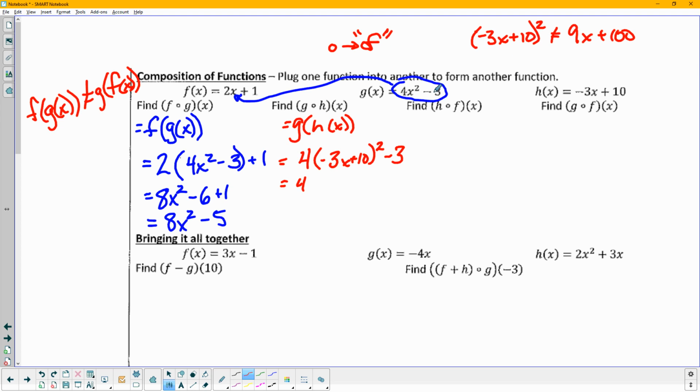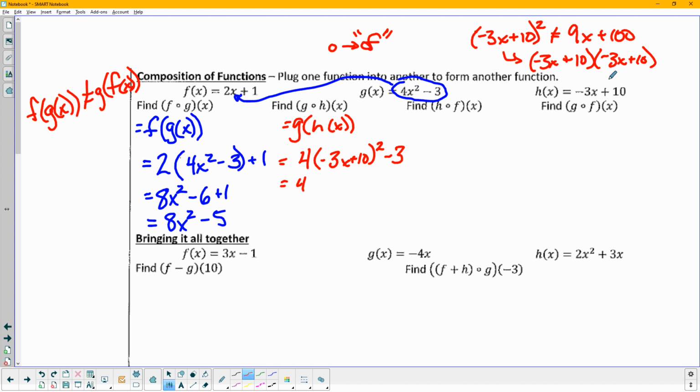Here's the worst part, you're going to see those numbers, but there's also something else. What this actually means is negative 3x plus 10 times itself.